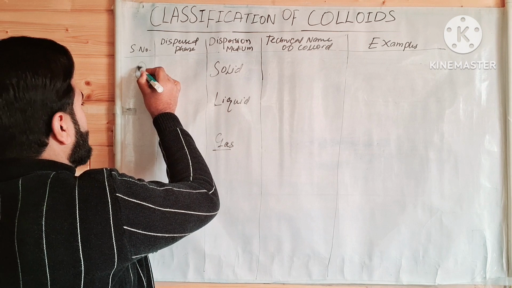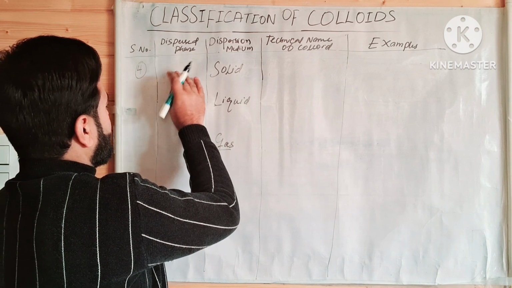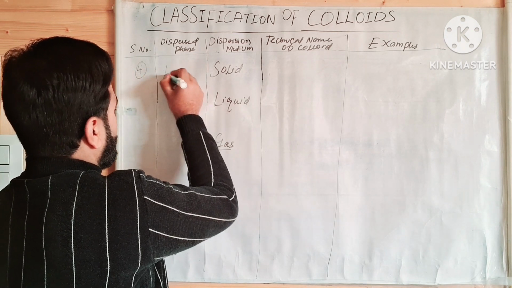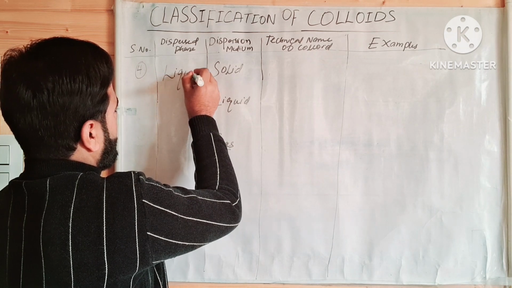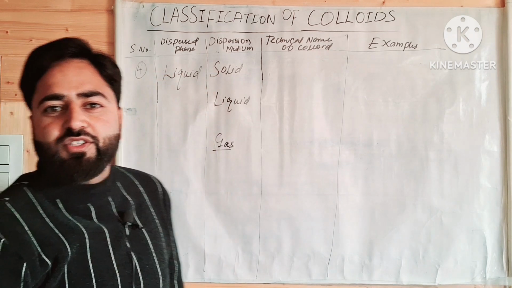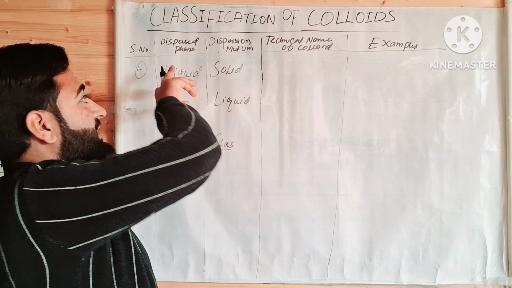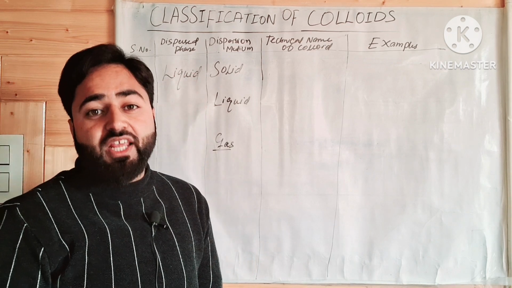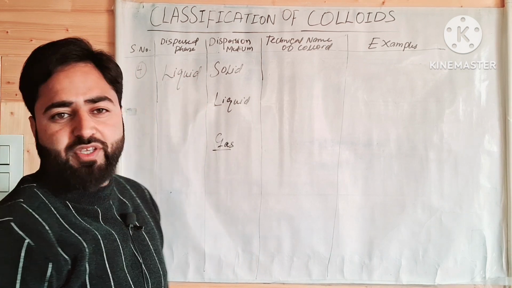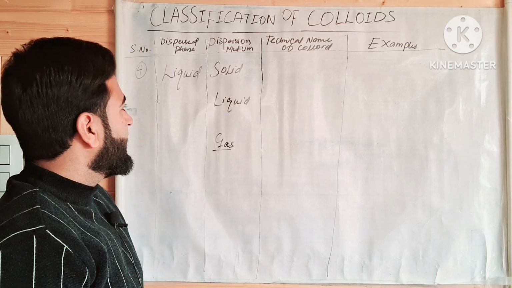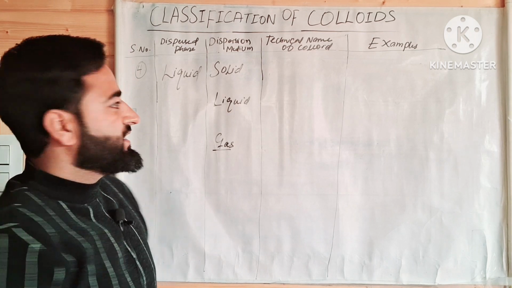Now number 4 is liquid in solid. That is, the dispersed phase is liquid and the dispersion medium is solid. The technical name of the colloid is gel.